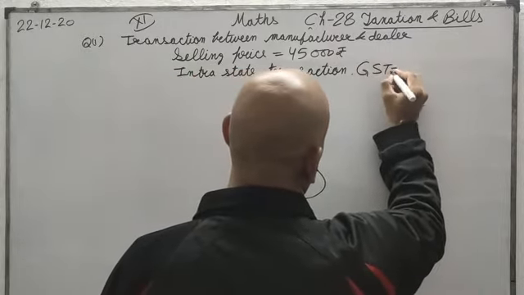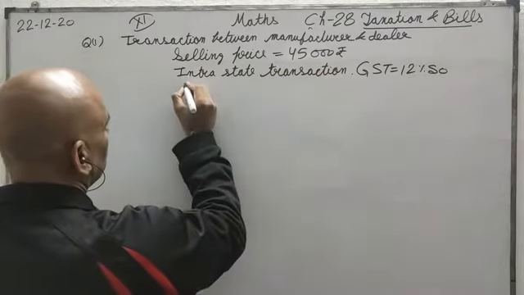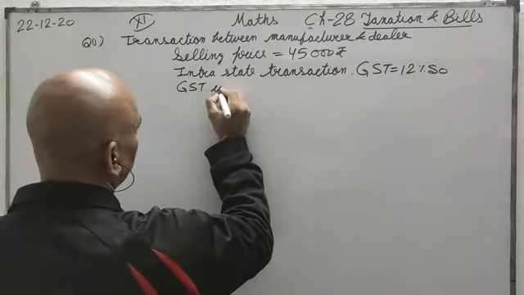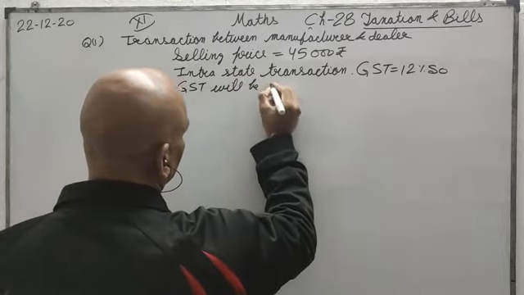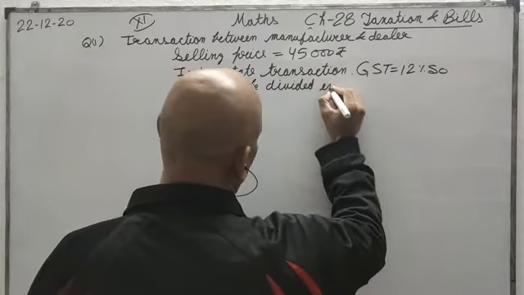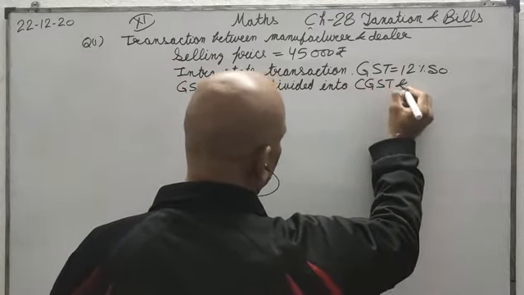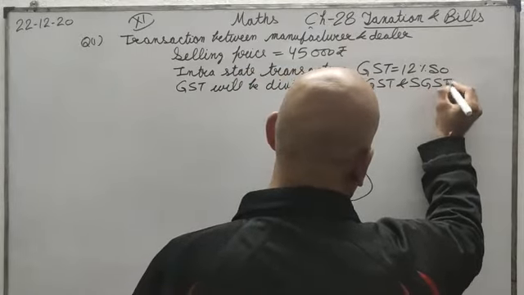GST is 12%, so GST will be divided into CGST and SGST. CGST will be 6% and SGST will be 6%.